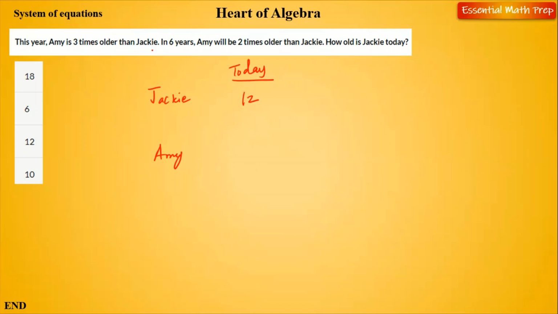Amy is 3 times older than Jackie, right? If Jackie is 12 this year, that means times 3, which means Amy is 36. In 6 years, they both will have to add 6 to their age, so it'll be 18, and then 42.